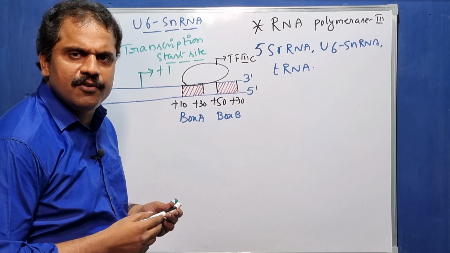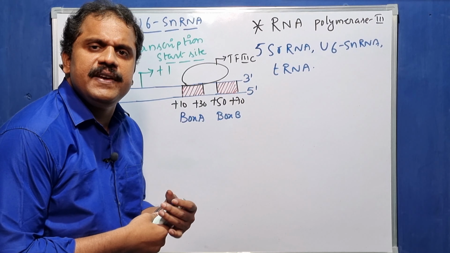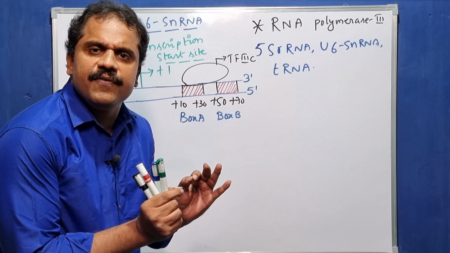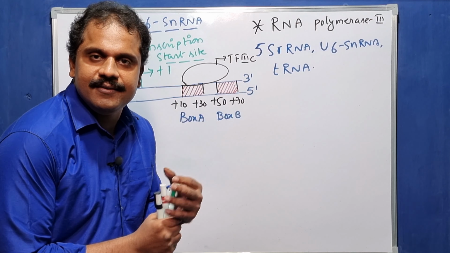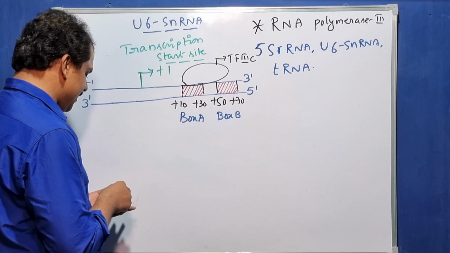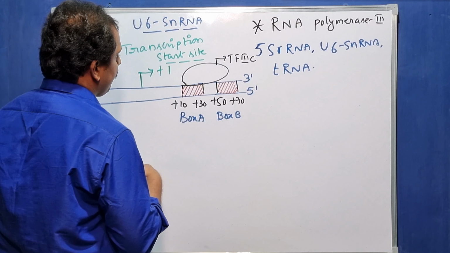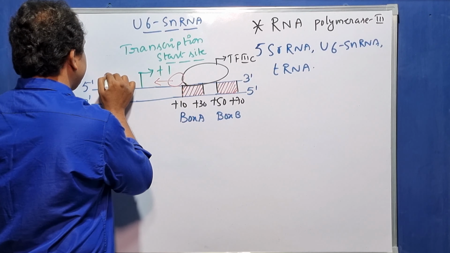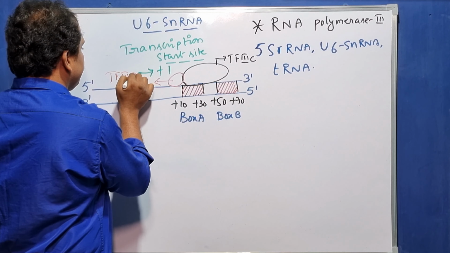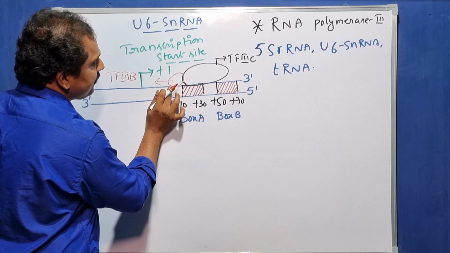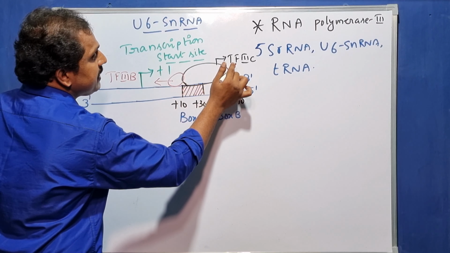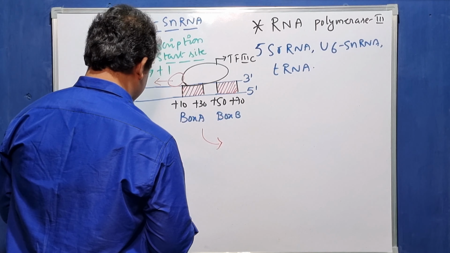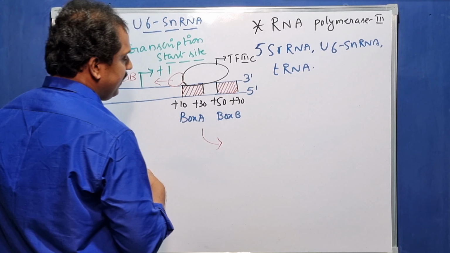After the successful recruitment of TFIIIC, it in turn recruits one more factor, and that factor is TFIIIB. So let me write it here. TFIIIB. Successful recruitment of TFIIIB allows TFIIIC to dissociate from the promoter region.